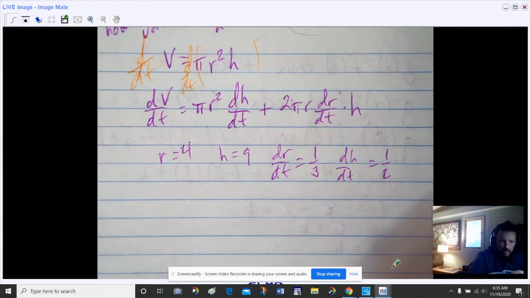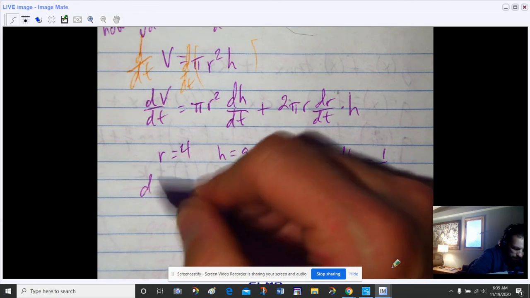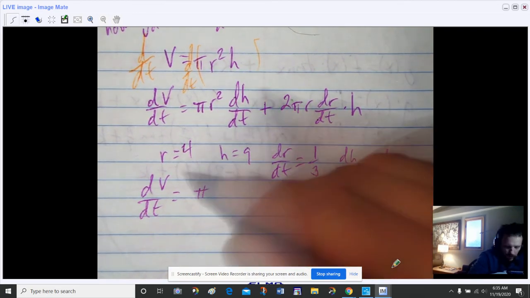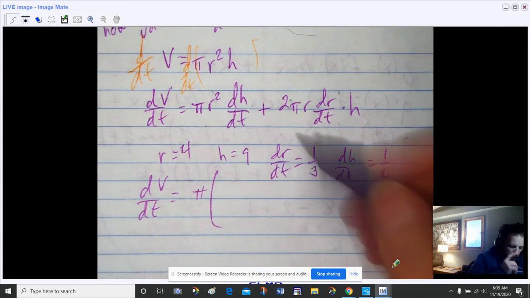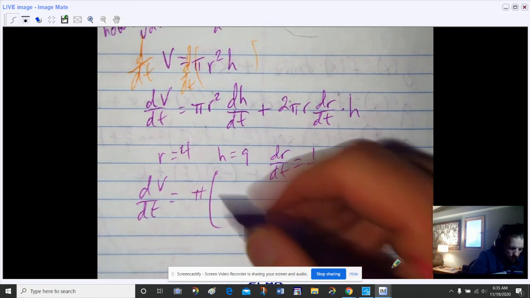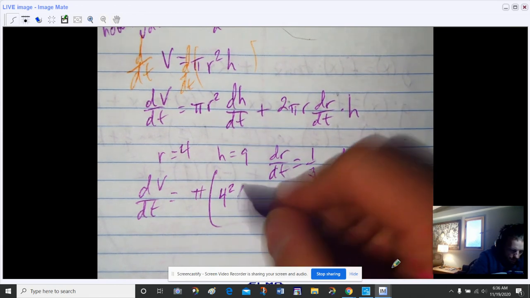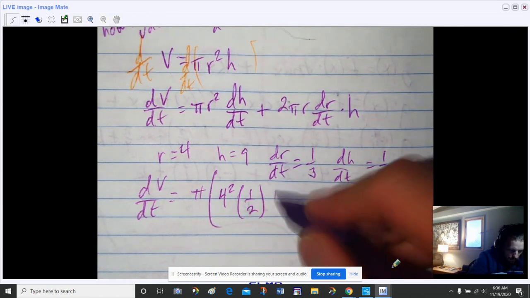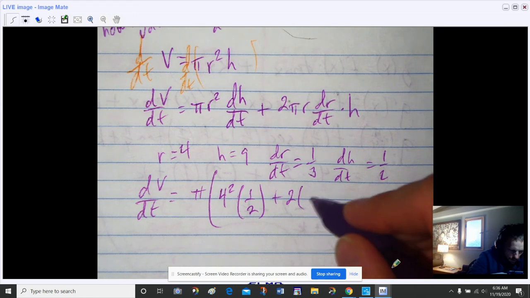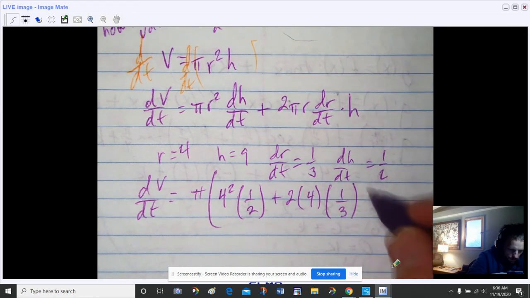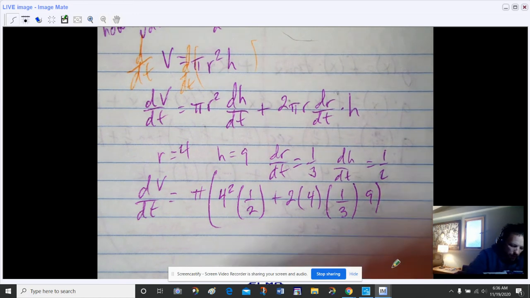So we're going to take all these things and substitute those in. We're going to get pi. If you want to factor pi out of everything, that might be helpful. r squared, so that's 4 squared, dh over dt times 1/2, plus 2 times r times dr over dt times h.